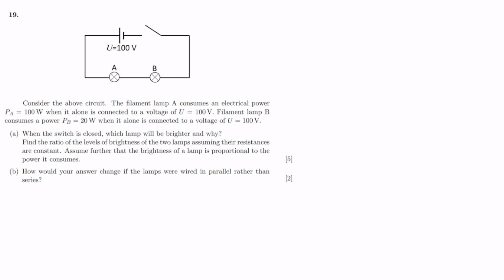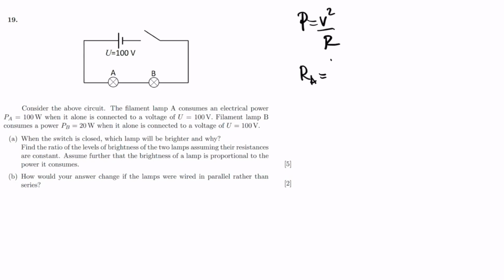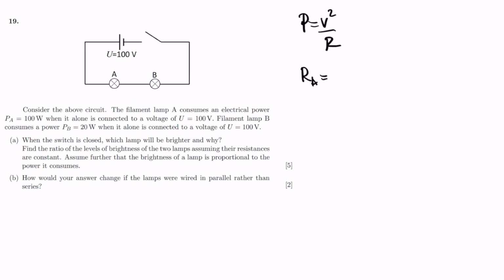Okay, so a good starting point is that we can just apply the equation that P is equal to V squared divided by R. So the resistance of A is going to be V squared divided by P. I'll write this: V squared divided by PA.